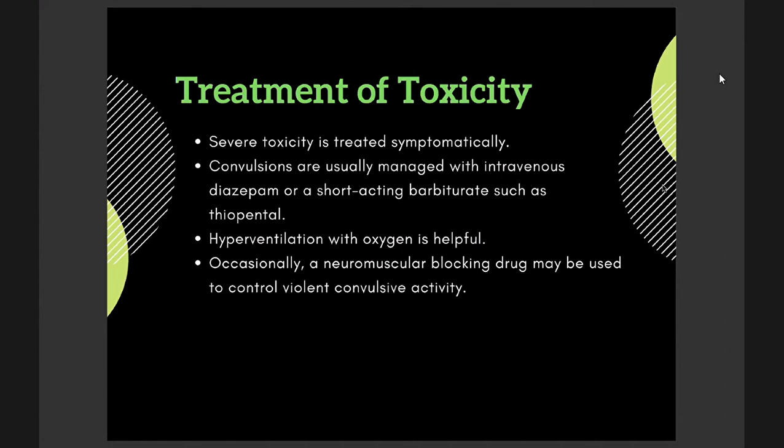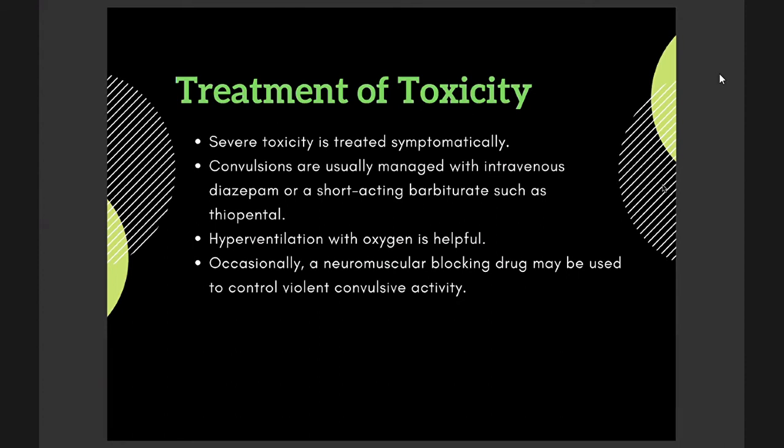With regards to convulsions, the manifestation of your local anesthetic toxicity is seizure. Of course, there are still the early signs like lightheadedness, restlessness, nystagmus, and perioral numbness.